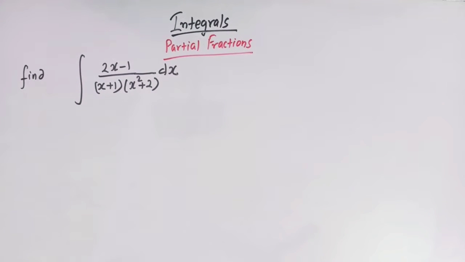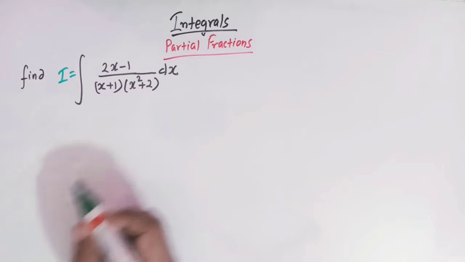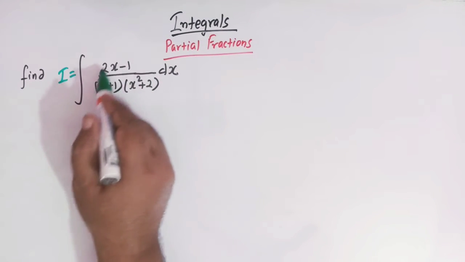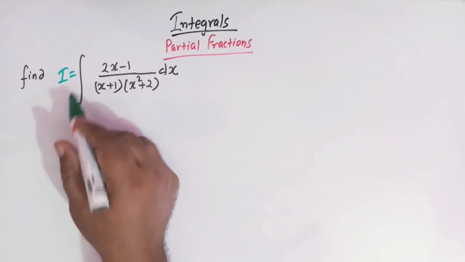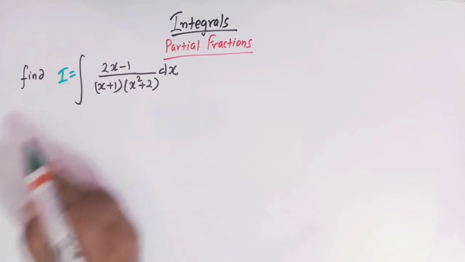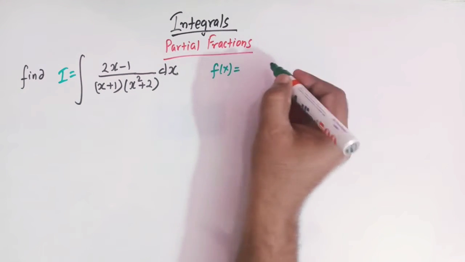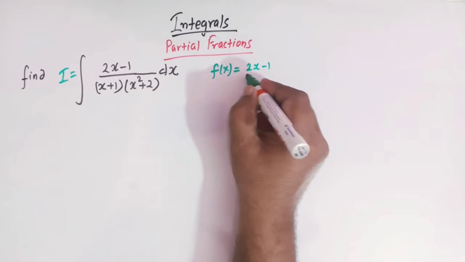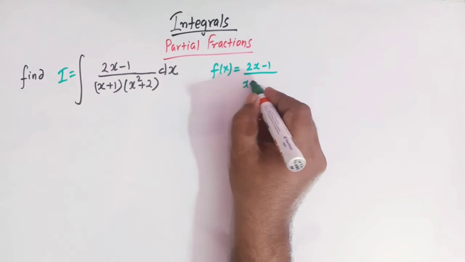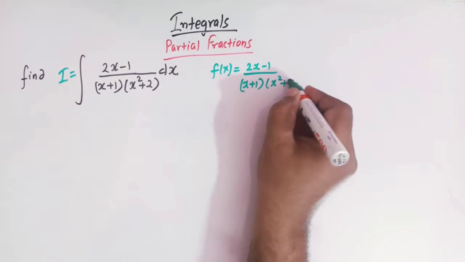Now let us first denote this integral by I. Here we are given a rational function, so we can denote this integrand by f of x. So f of x is given as (2x minus 1) divided by (x plus 1) multiplied by (x square plus 2).